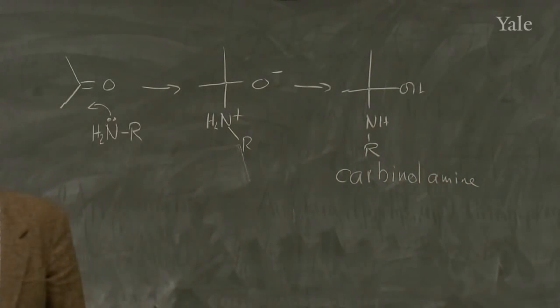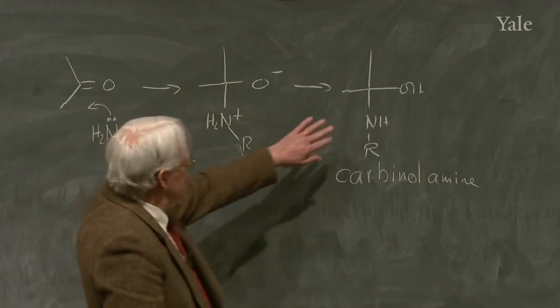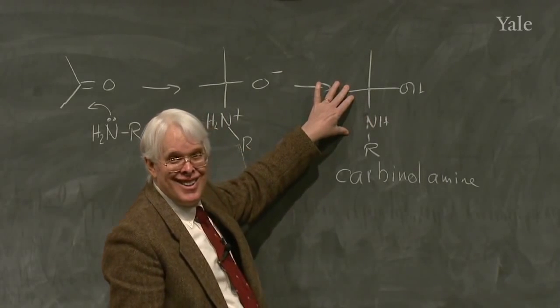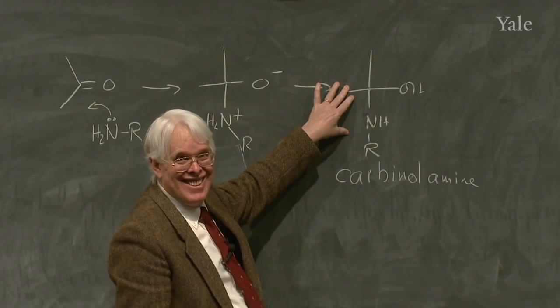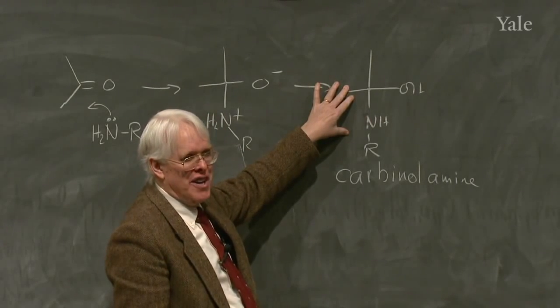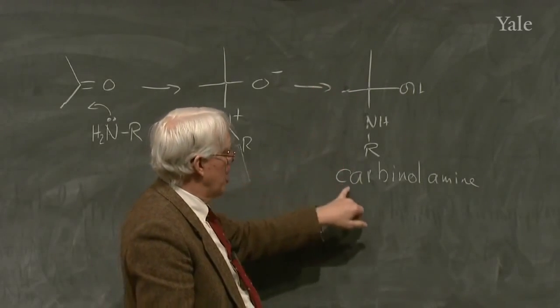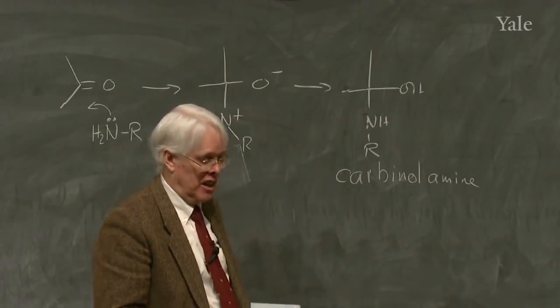What's the analog when you have an oxygen instead of NH in there? What functional group is it? If this were just an O instead of an NH, what would you call this functional group? I see you all bored. It's a hemiketal, right? That's what we've just been talking about. But the carbonyl amine is the amine analog.